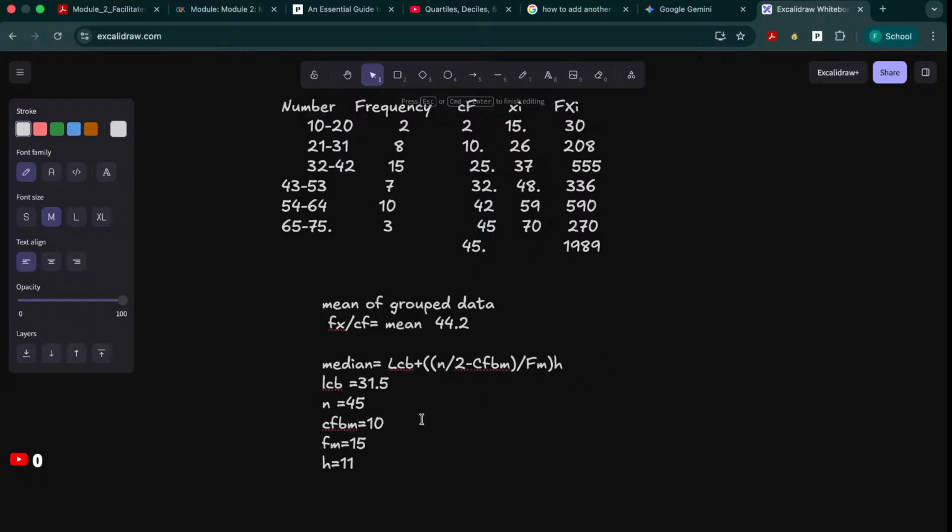So our answer we got here, let me write it as 40.663. We can put it in a color. So this is for mode.